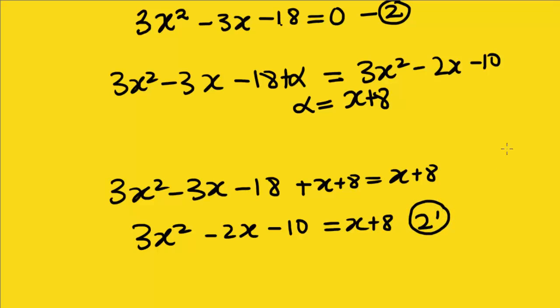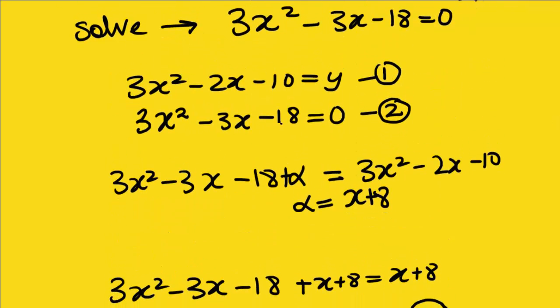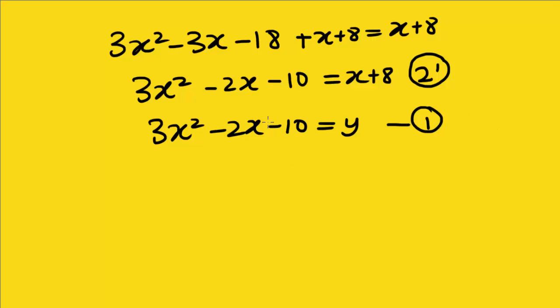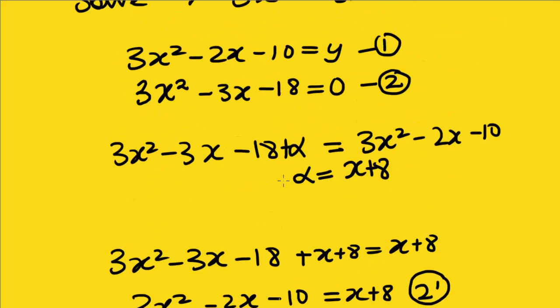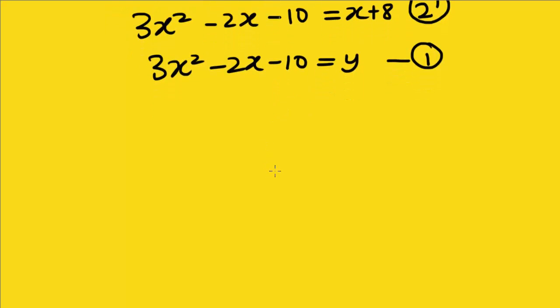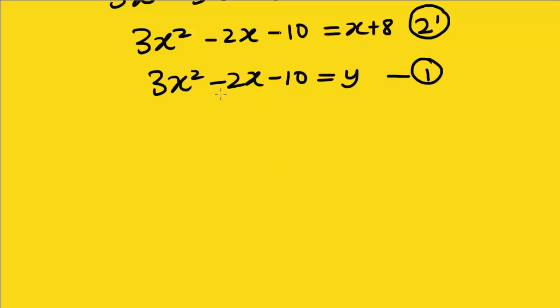And now if I rewrite equation 1 just here, just so you can see them next to each other, which is the same equation 1 that we have above, 3x squared minus 2x minus 10 equals y, you can proceed from here, because since the left hand sides are equal, the whole left hand side here is equal to the whole left hand side here.